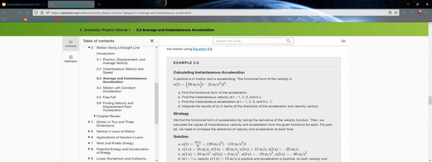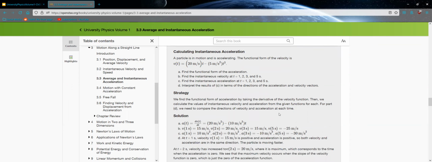Cool. So functional form, what is acceleration? Well, in the way that velocity is displacement over time, acceleration is velocity over time. They're interconnected, right? So if we take the velocity equation and we divide it by time, we get something that cares about the acceleration. In this case here, 20 meters per second minus 10 meters cubed over t. Cool.